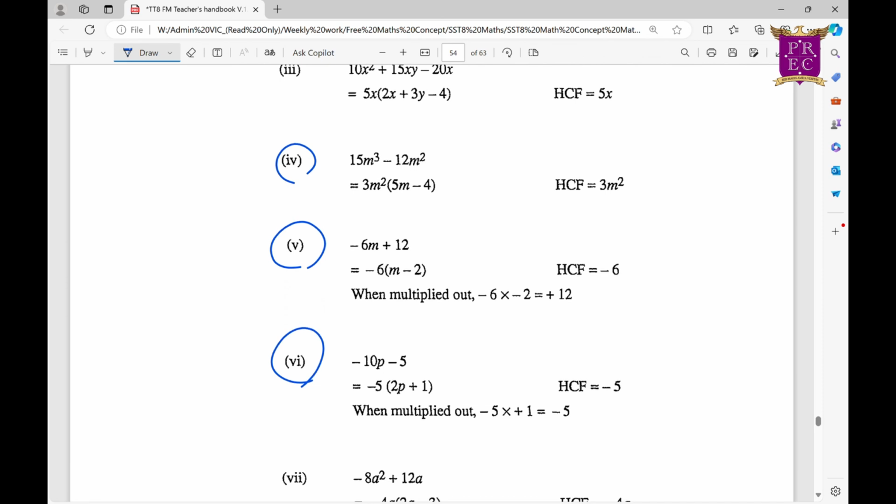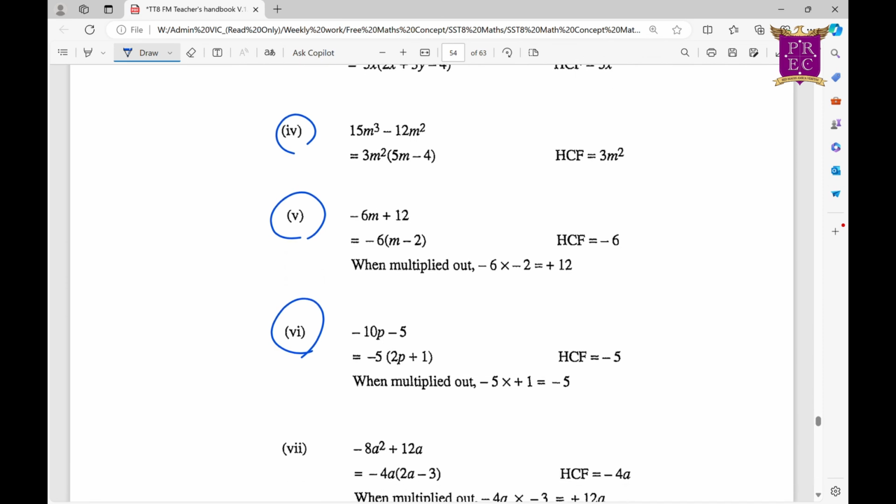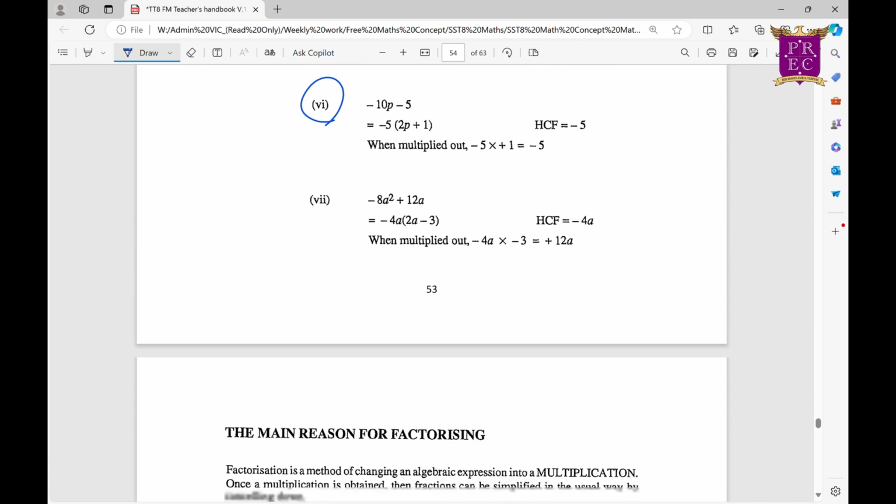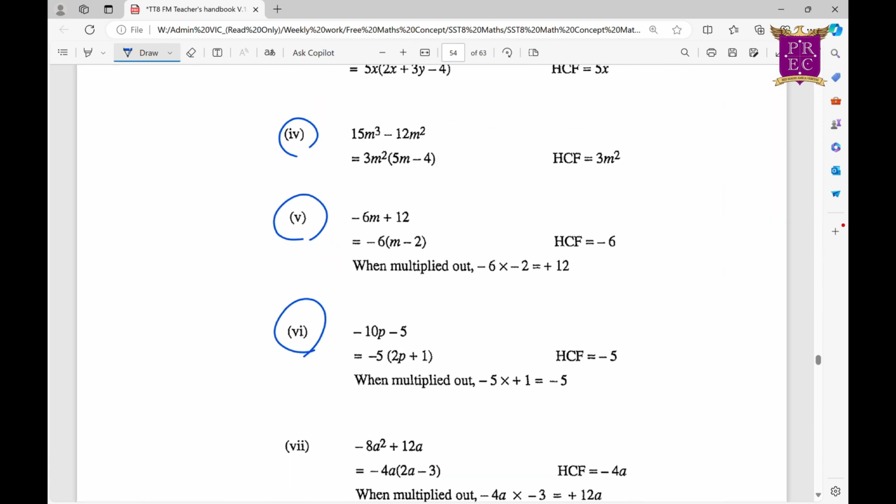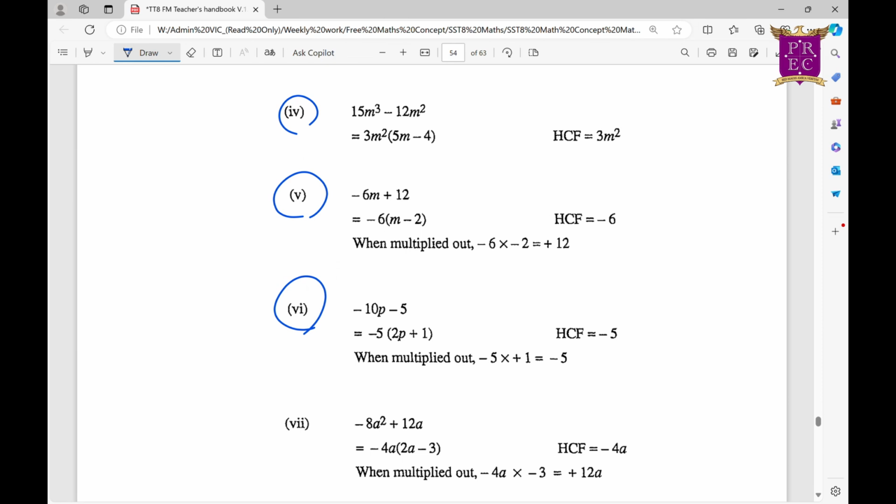Alright. We can also look at example 4. And example 4, you notice how they both have an m, but not only that, the power is m squared and m cubed, which means that not only does the highest common factor include an m in it, it can actually include 2 m's or m squared, because m squared is the lowest out of the terms and m cubed is the highest.